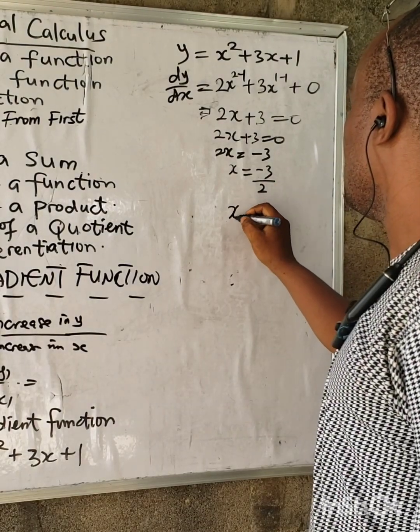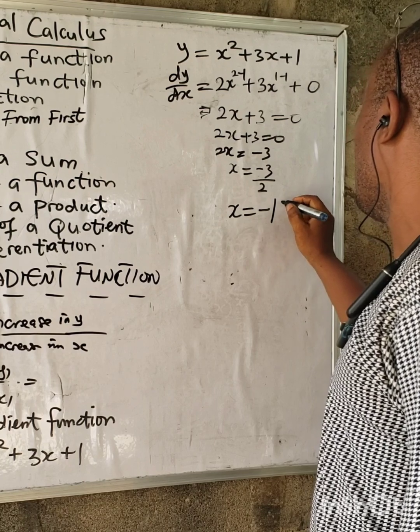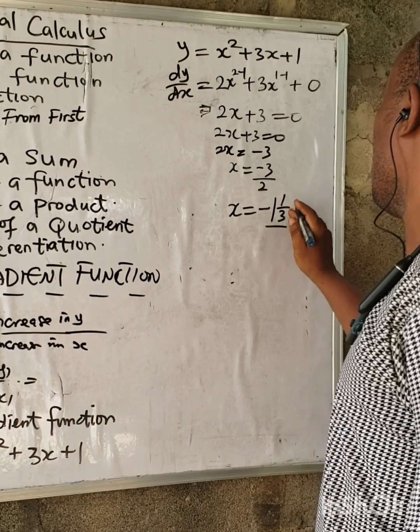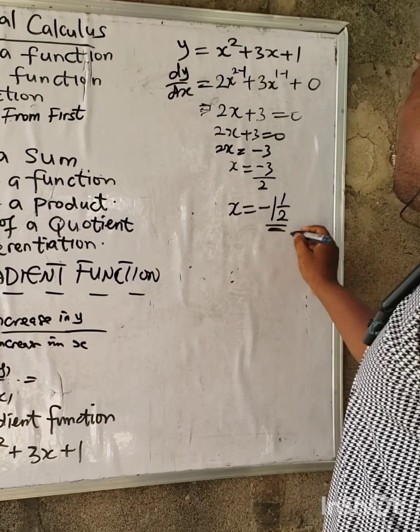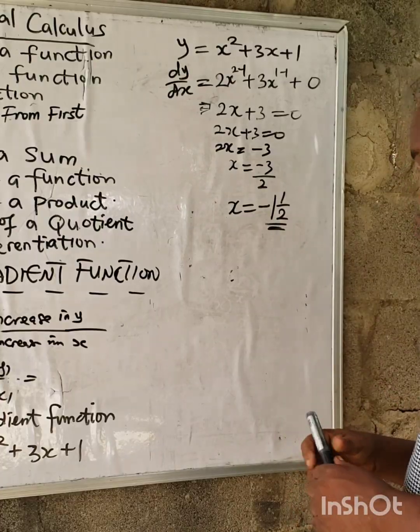Therefore, the value of s is minus 1 whole number 1 over 2. That's 2 times 1, 2 plus 1, 3 all over 2.